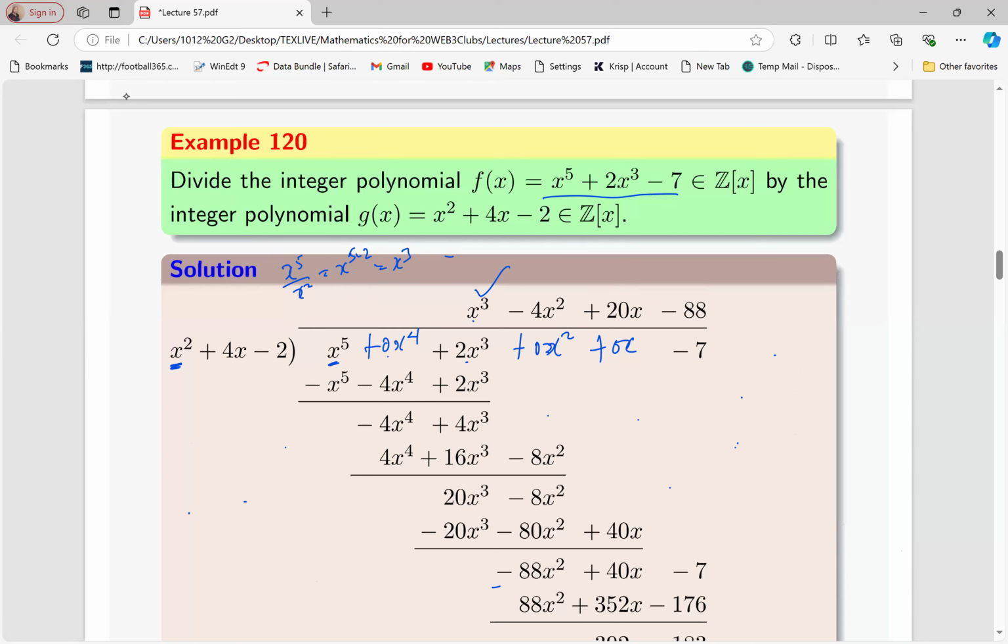Now this x cubed, multiplied by the entire divisor, you would have x raised to 5, then 4x raised to 4, and then negative 2x cubed.